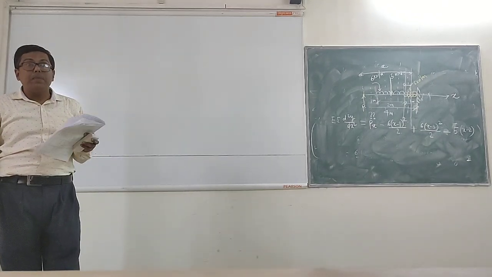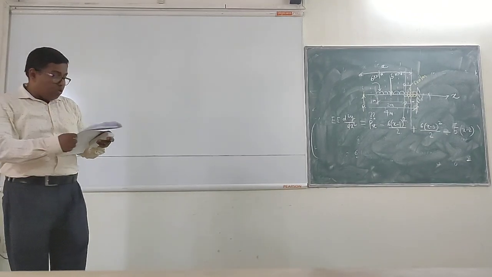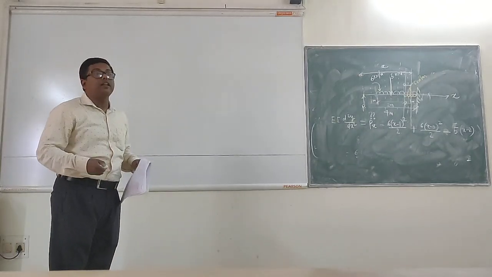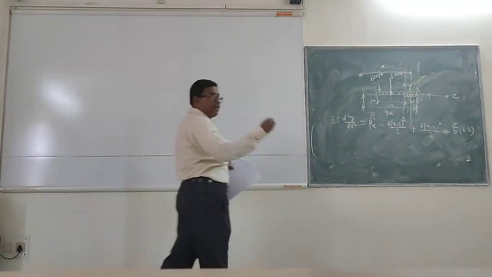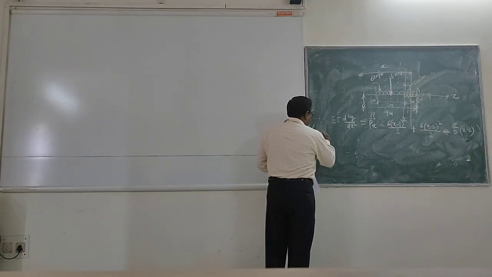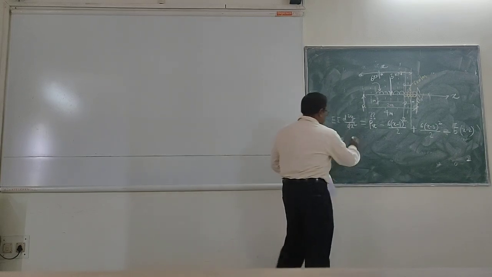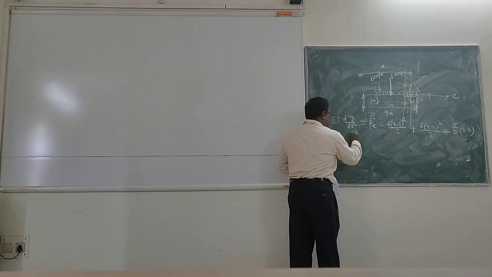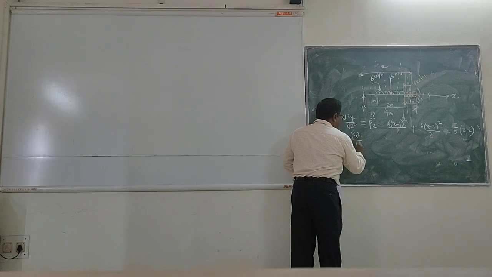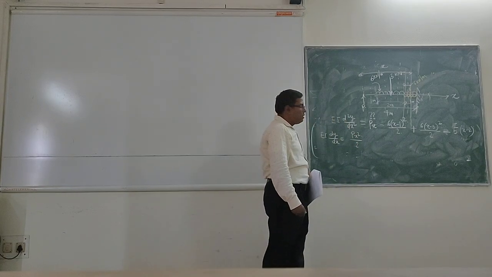Now what will be the next step? We are following the Macaulay method, so we are considering the double integration method. So you integrate. The first integration will give what? EI dy/dx will give you P x square by 2, correct?